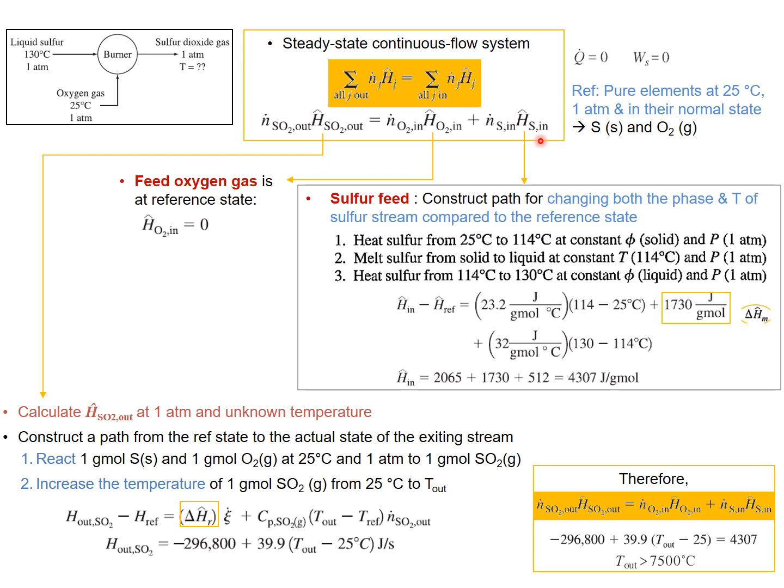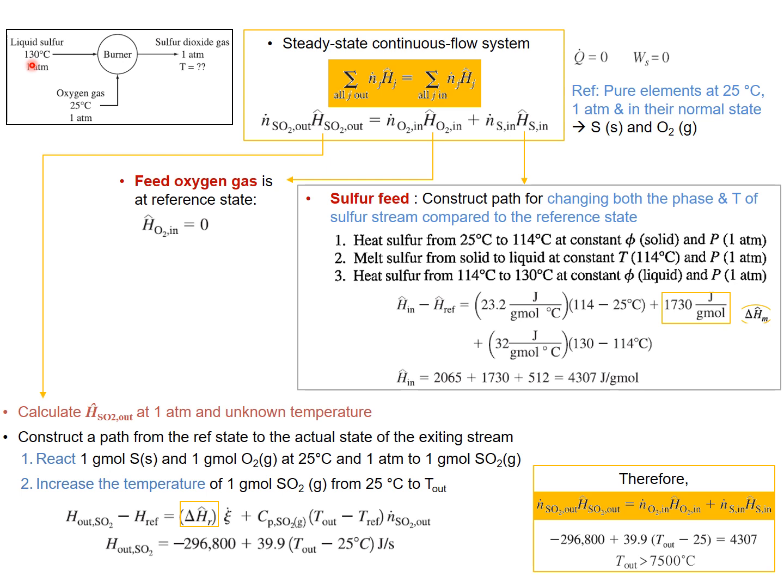So let me check it. Liquid sulfur is at 130 Celsius degree. However, the reference temperature was 25 Celsius degree, so you should think about the temperature increase. Also, one more thing: in the reference state, sulfur is solid. However, in the first stream, we have a liquid rather than a solid, so we should think about the phase change.